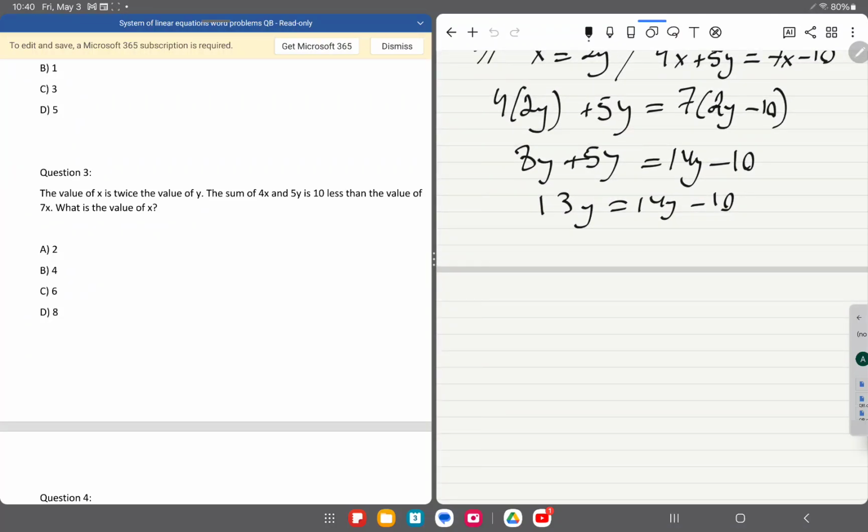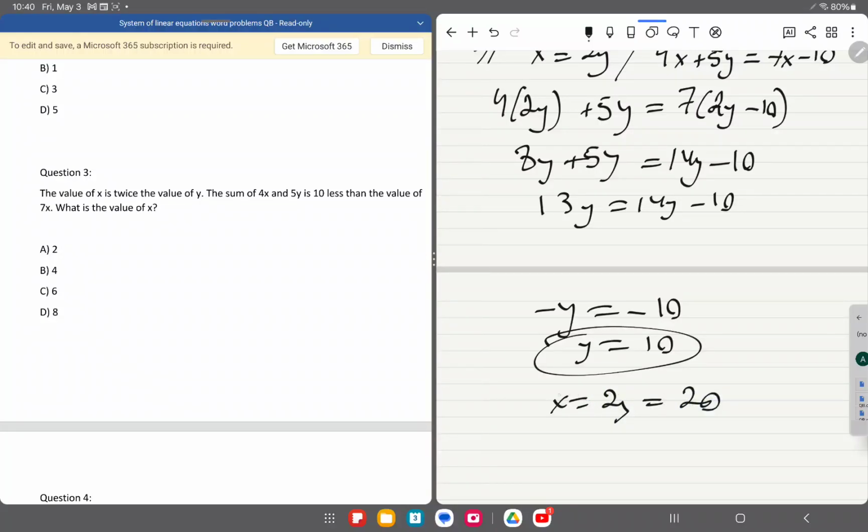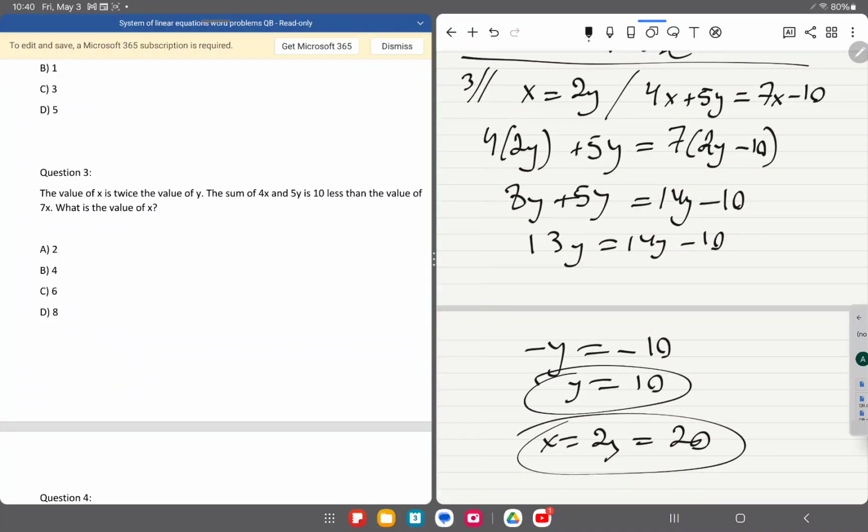So minus y is equals to minus 10, y is equals to 10. But they want x. So I'm going to solve for x. x is equals to 2y, 20. Okay, none of the answers here add up.